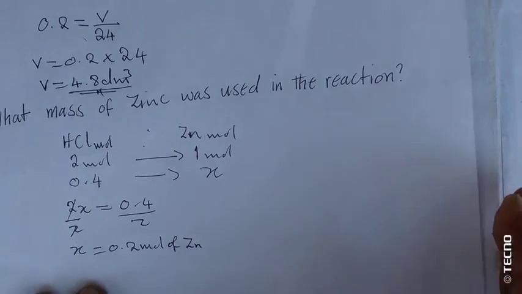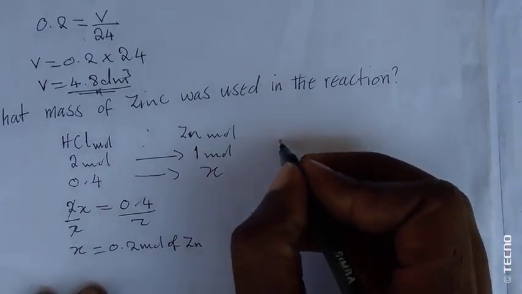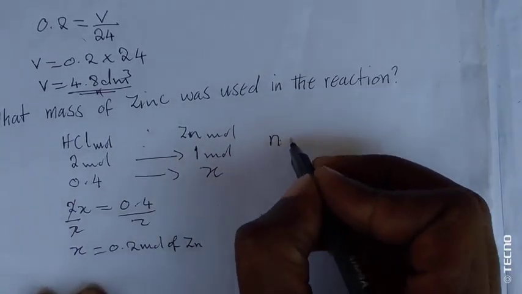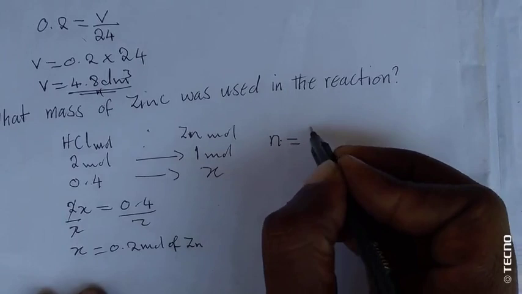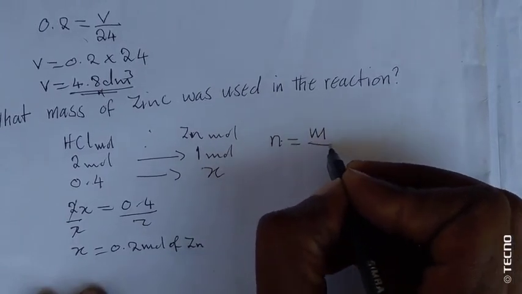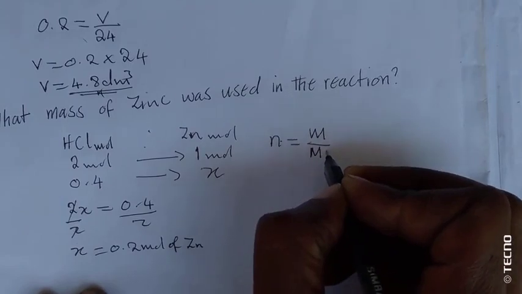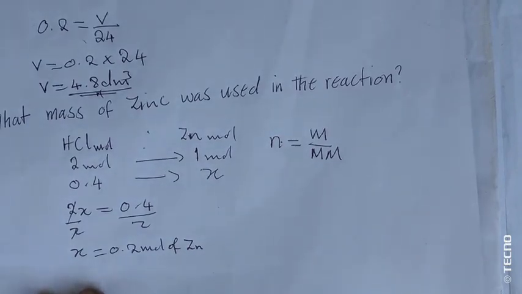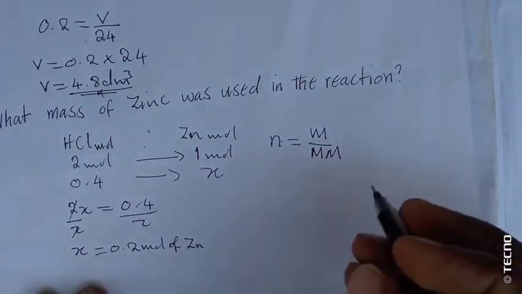To find the mass of zinc, we'll use this formula, which is n, the number of moles, is equal to mass over molar mass. The molar mass of zinc, we know zinc is 65.